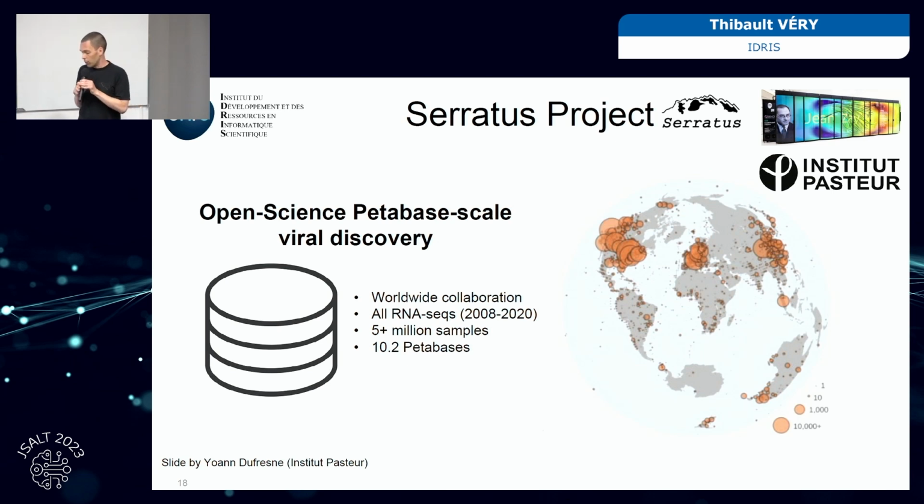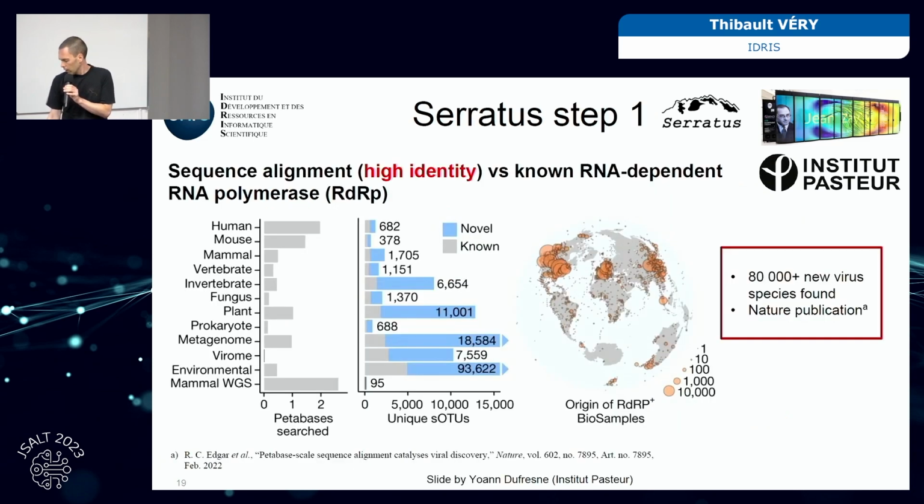And so you can see the big numbers: more than 5 million samples collected all around the world, mostly in Europe, Asia, and US, I would say North America. And that's huge, and they need very powerful tools to be able to do it efficiently. So the Serratus project was done in 2 steps.